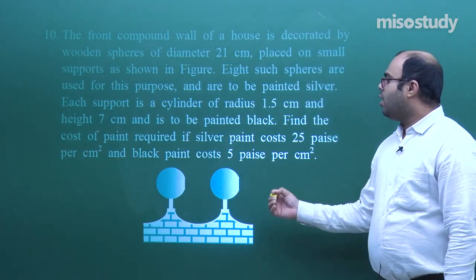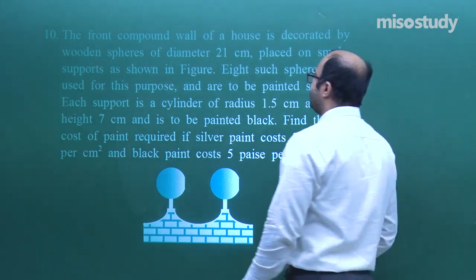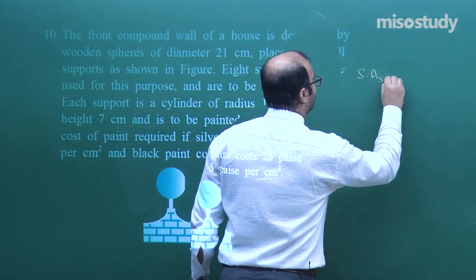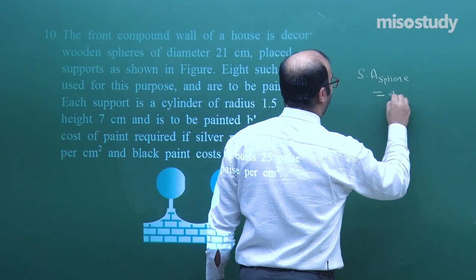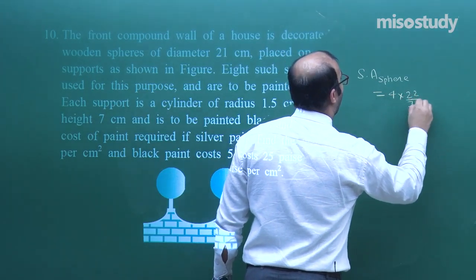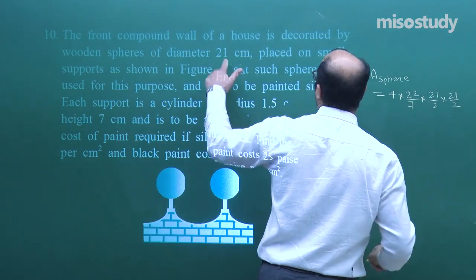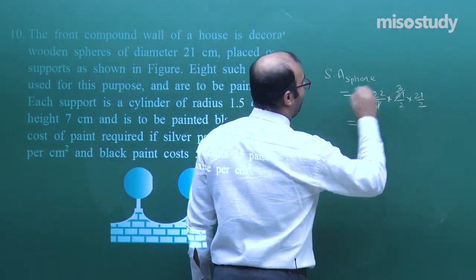For that we need the surface area of this sphere. So, what is the surface area of the sphere? Surface area of one sphere is going to be 4 pi r square, that is 4 pi into 21/2 into 21/2, where r is 21/2 since 21 centimeter is the diameter. So, this will become 7, 3, 21.